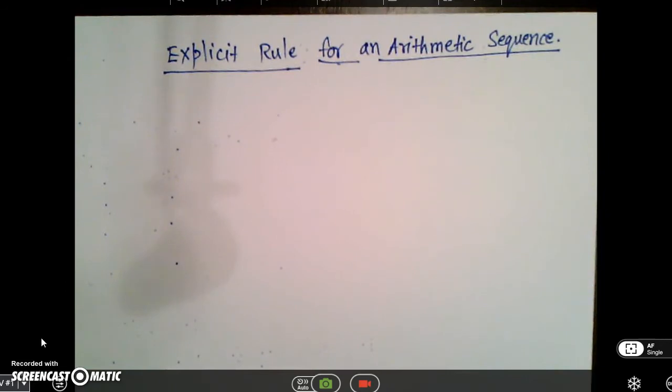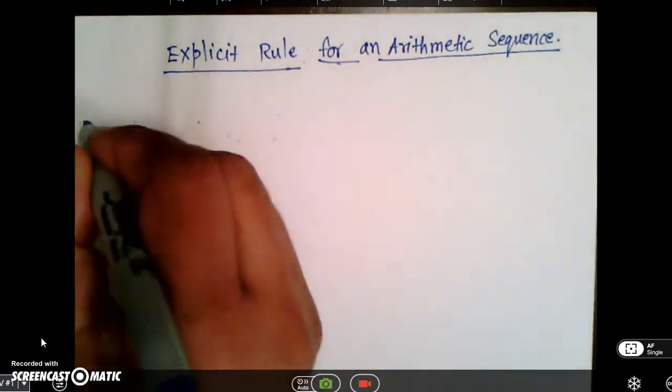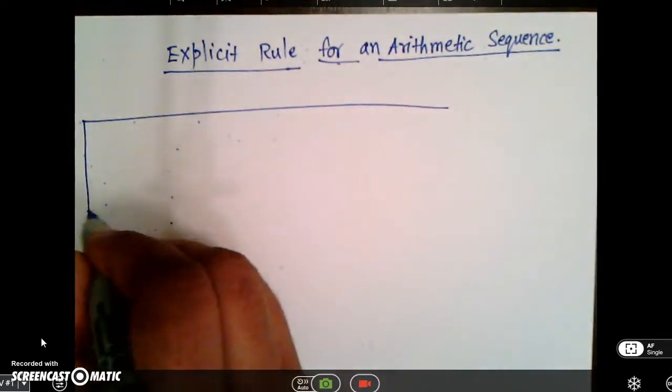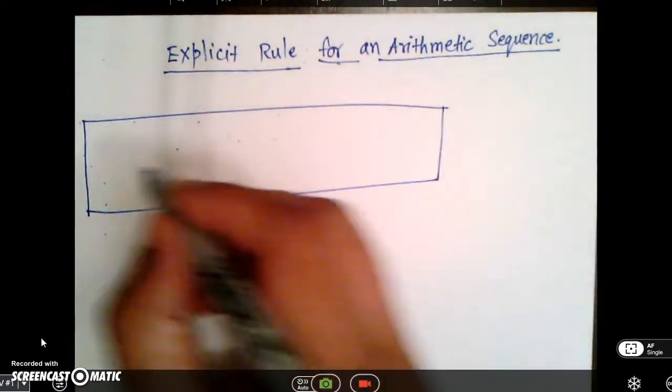So let's say I'm going to take a sequence that is an arithmetic sequence, and I'm going to write the rule for that arithmetic sequence.